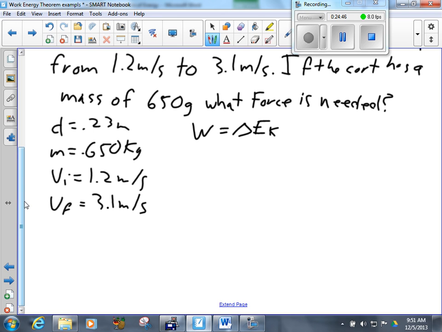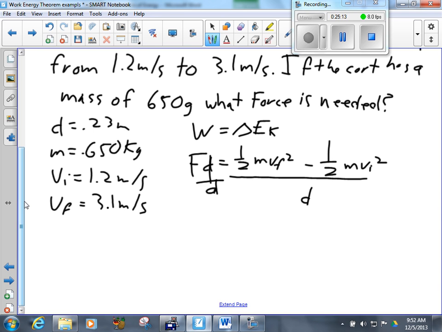In this question, the kinetic energy is what's being changed. So force times distance equals 1/2 mvf squared minus 1/2 mvi squared. If I want to find force, what do I have to do? Divide by distance. Can I plug in my numbers now? Yes, I'm at that point.